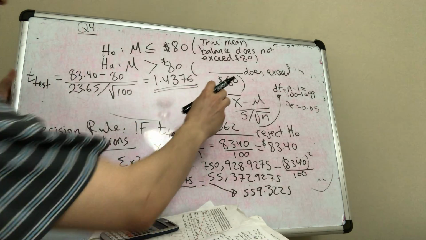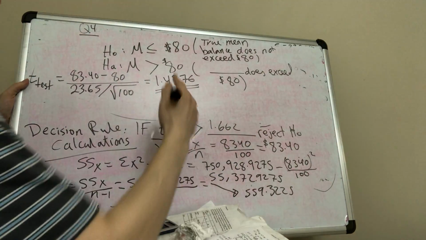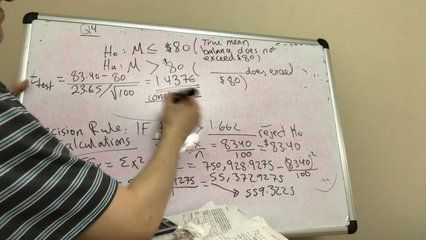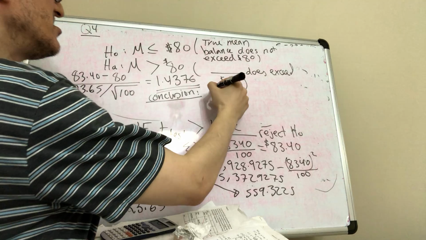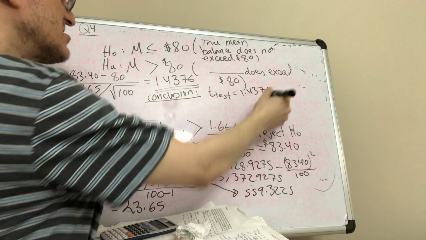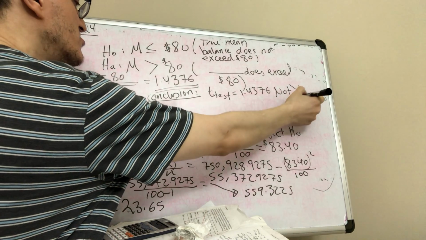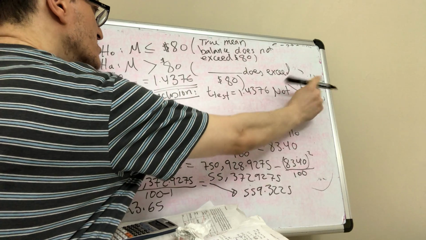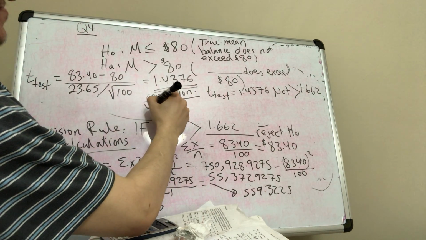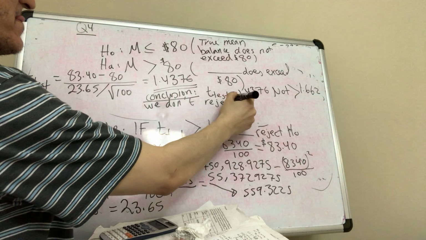Now we are ready to make a conclusion. Conclusion. T-test of 1.4376. Is it more than this? It's not more than 1.662. So for the first time today, the condition is not satisfied. We do not reject H0.